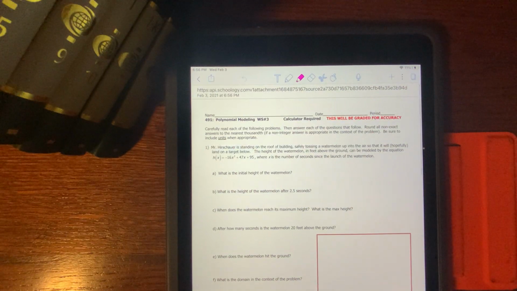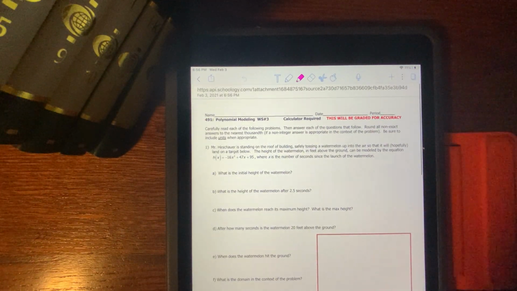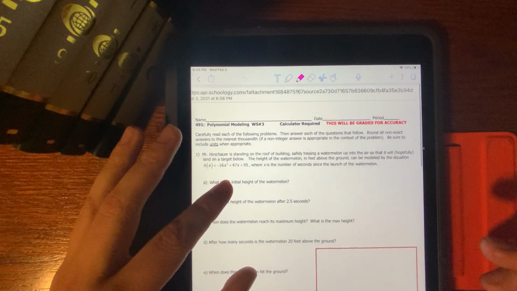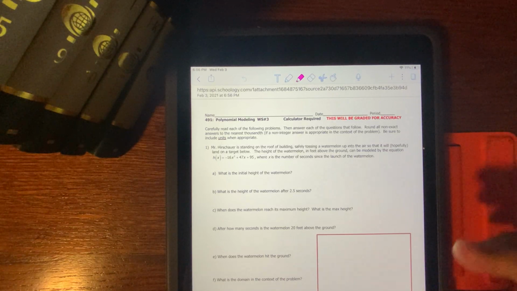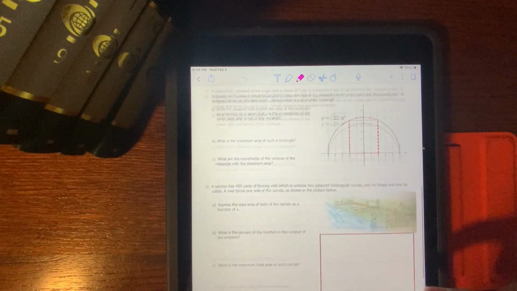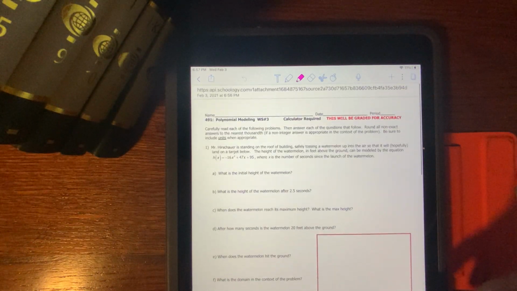All right, so it should look like this. Feel free to pause the video to get yourself gathered up. So calculator required, right? There's only 4 problems. Maybe I'll do the first 2, and then you guys see if you could do the remaining 2. I think that'll be the plan, okay?